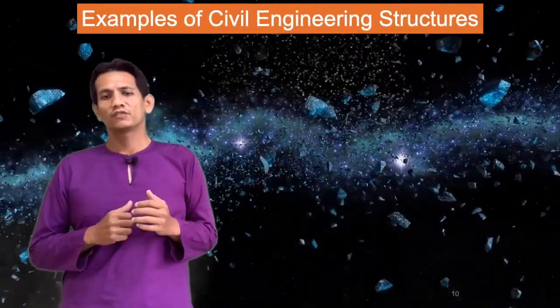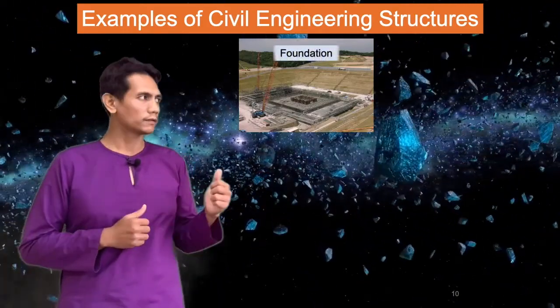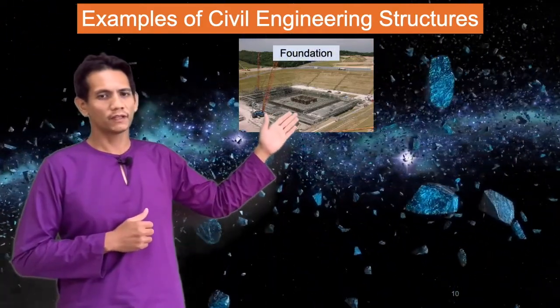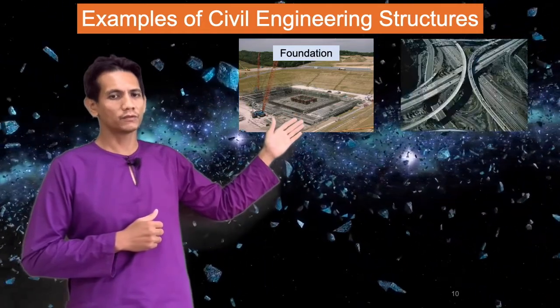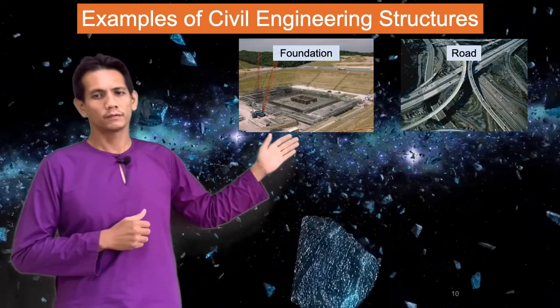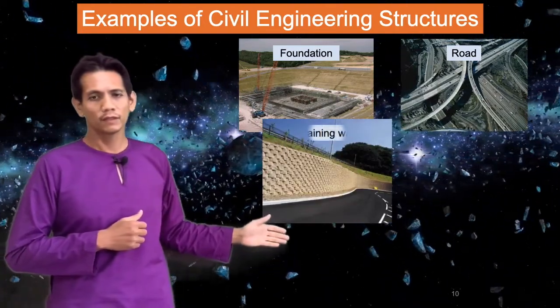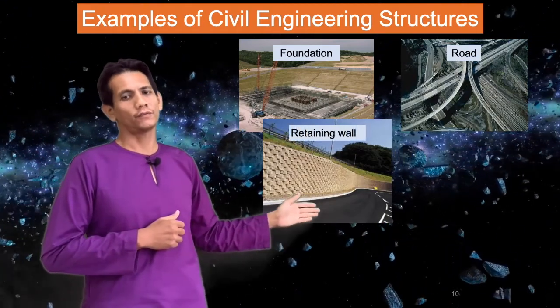So we have a few examples of civil engineering structures. The first picture we can see on the slide is foundation. And the second one, roads. And then the third one we have retaining walls.